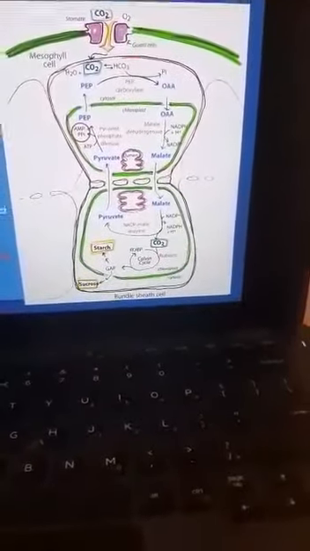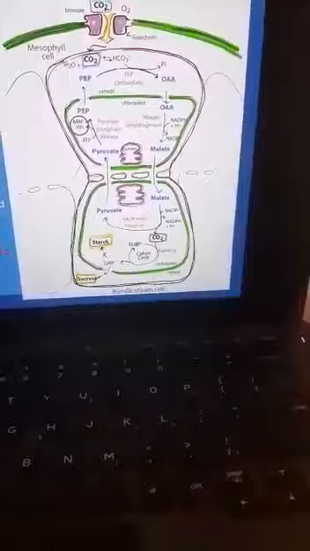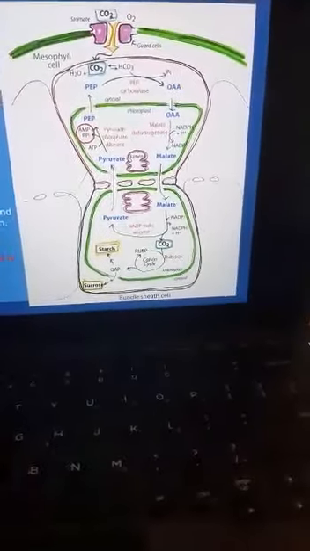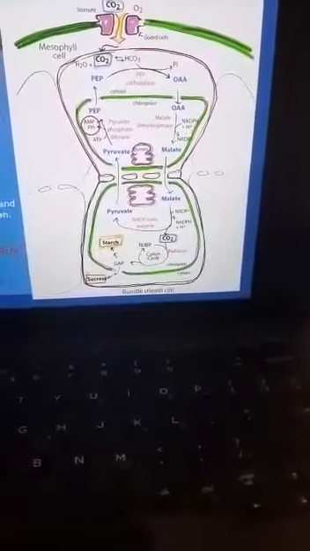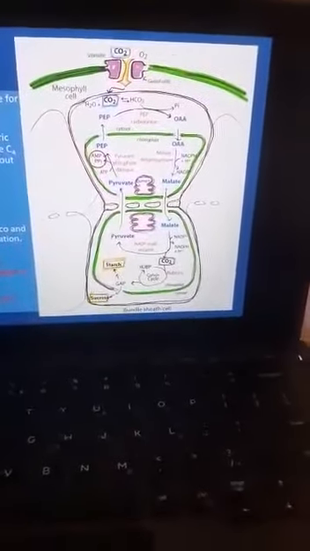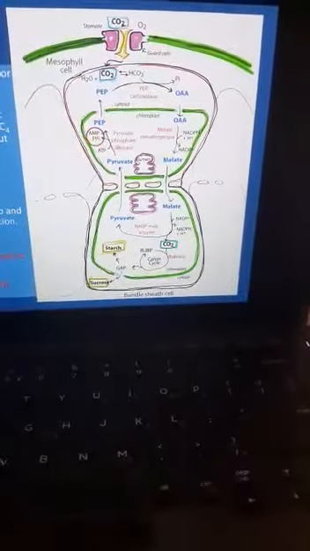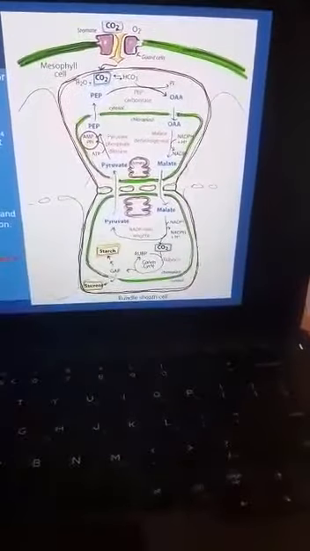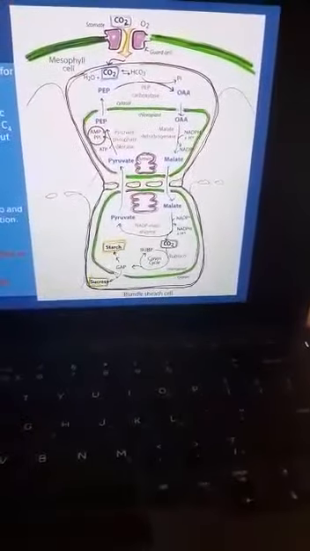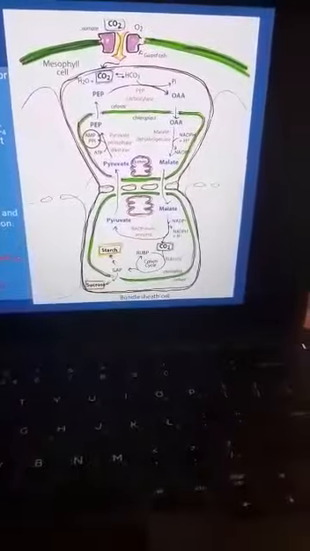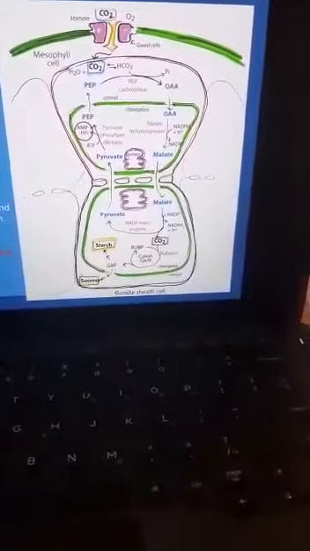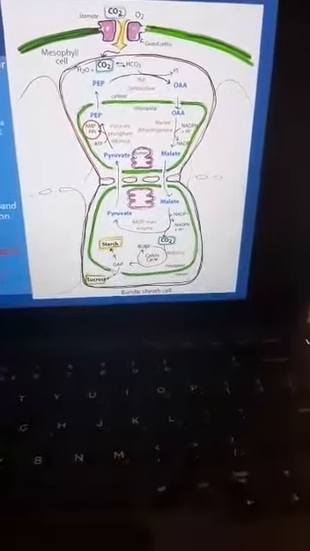So the next step is that these malate molecules that are formed within the mesophyll cells are delivered into the vascular bundle sheath cells, and they are delivered through an active process. They are pumped in high numbers into the chloroplast of the vascular bundle sheath cells. And once they are pumped in there, they are broken down.